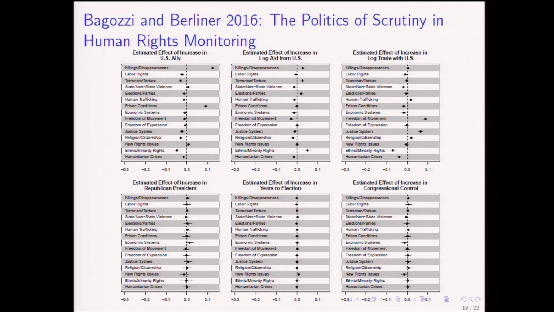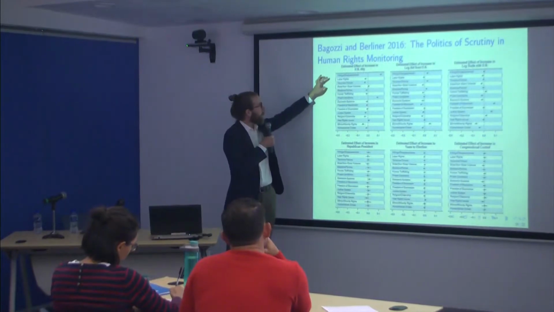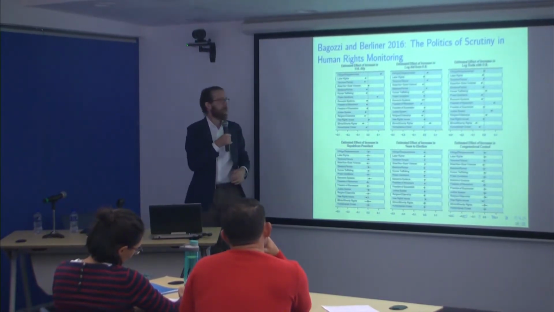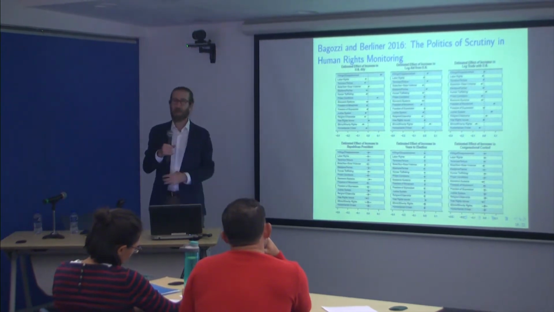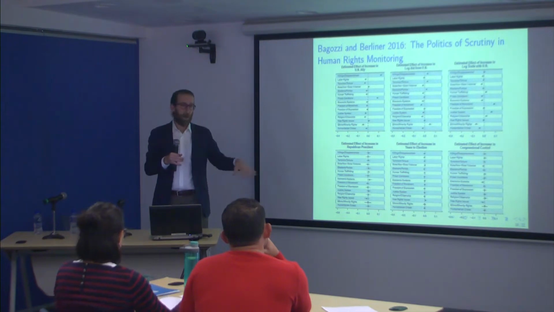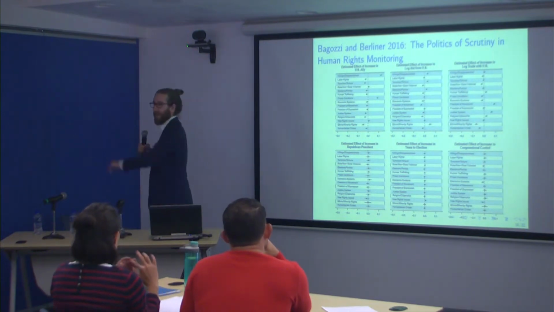And so we wanted to try out this tool, and so we topic modeled those reports. But we also included covariates. So there was, you can't really see this, but there was 15 topics. Killings and disappearances, labor rights, terrorism and torture, elections and parties, human trafficking, prison conditions, et cetera, right? So every report is represented as 20% of that topic, 15% of that topic, et cetera.